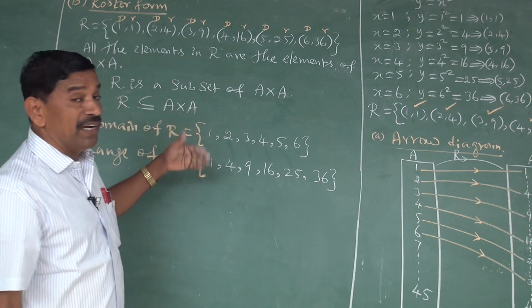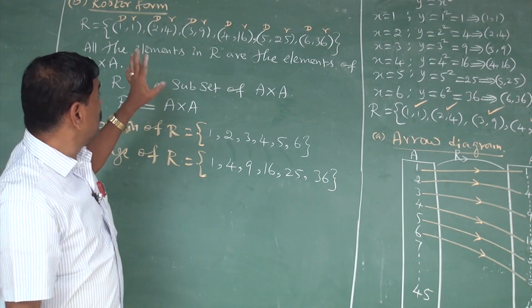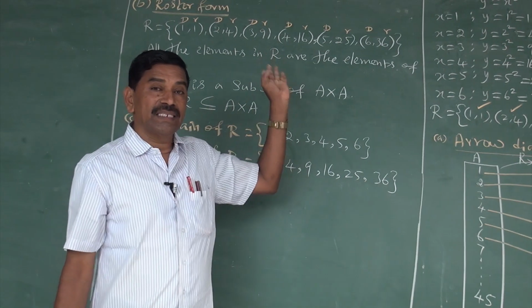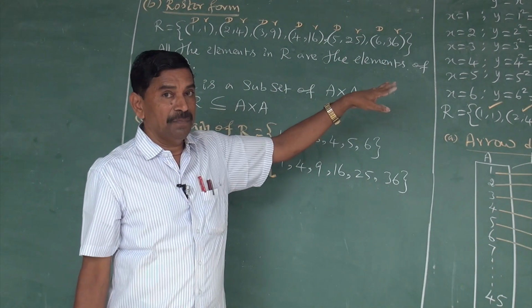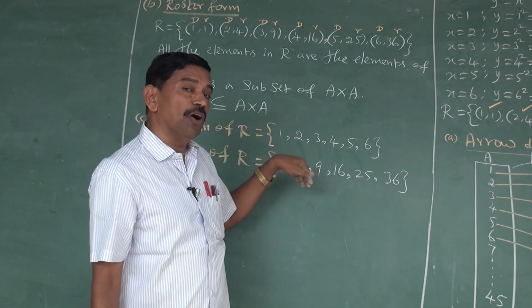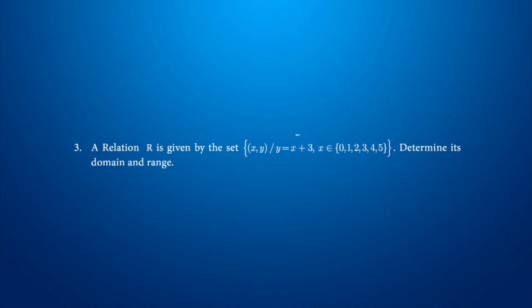So finding the domain and the range of R is completed. This question has two parts: first, prove that the relation R is a subset of A cross A, and second, find the domain and the range of the relation R, which we completed.